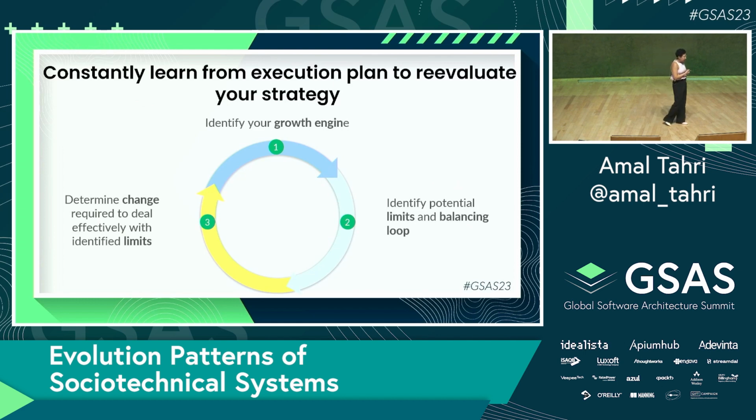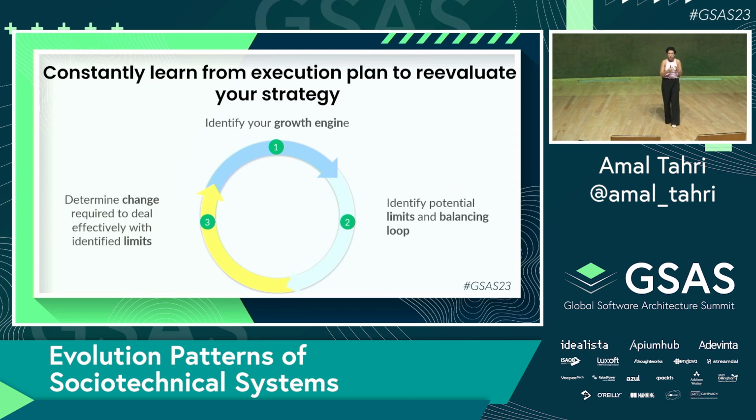What William Braun stated in his research is a set of actions that I have adapted, and it has to be iterative action. So first of all, you need to establish what your growth engine is. What's the thing that's going to gain me momentum?